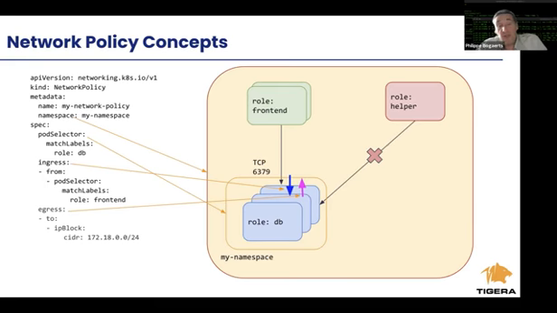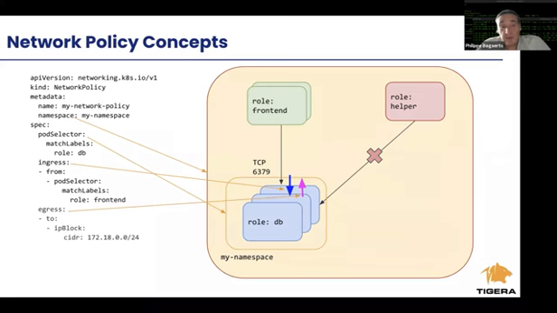The default behavior in Kubernetes and in Calico is that if no policy is applied to a pod, so if it's not selected by a network policy, the behavior is allow all. So if you do not specify anything, all communications can flow freely in and out.